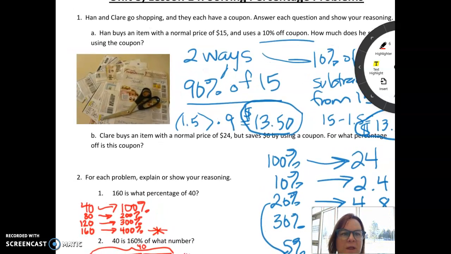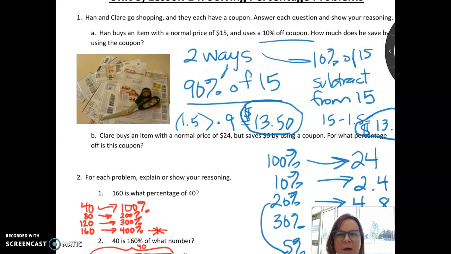All right, in the first one we have Han and Claire shopping, and Han buys an item that has a normal price of $15, and he uses a 10% off coupon. So how much does he save by using this coupon? What I did in this problem is I thought of it in two ways. First of all, if he has a 10% off coupon, then he's paying 90% of the original amount.